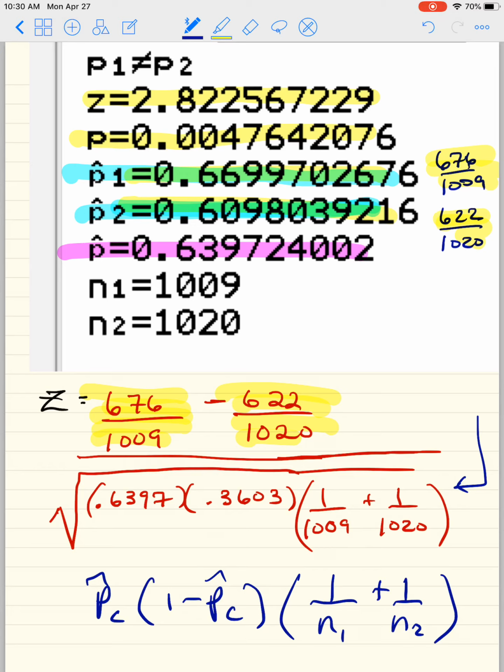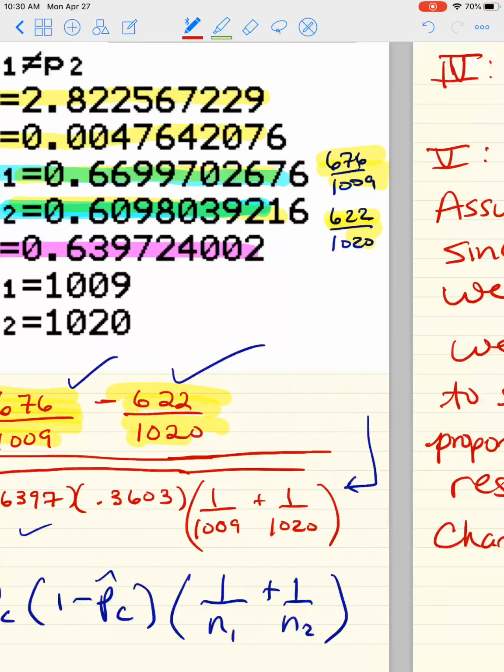I'm going to do another video right after this to show it again. But P hat 1 minus P hat 2 divided by the square root of this special P, right? This P can be found by taking the numerators, adding them up, taking the denominators, adding them up, and then getting that answer.